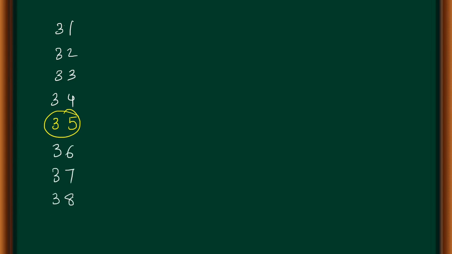Suppose we take numbers from 21. Okay, let's not take 21 because we already took a two example. Let's take numbers from 31, 32, 33, 34, and I'm going to write 35 in a different color. Below this we have 36, 37, 38, and 39, and then you have 40.